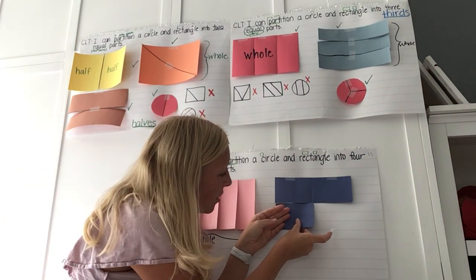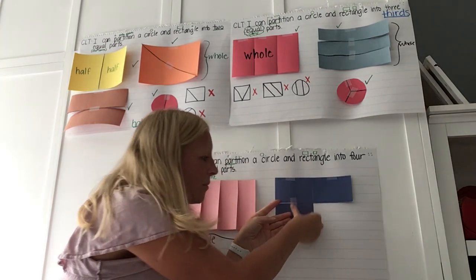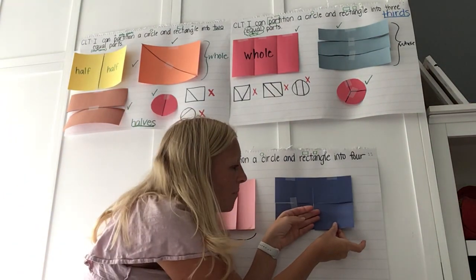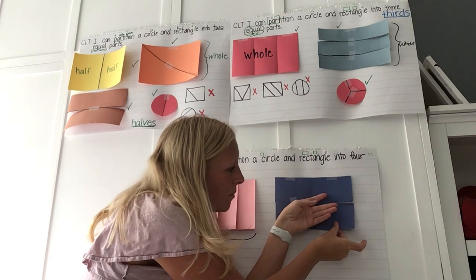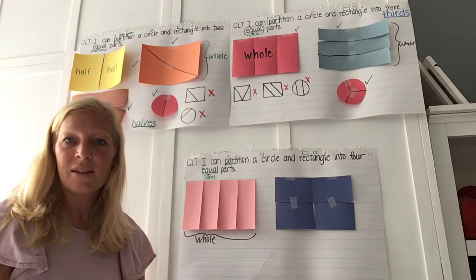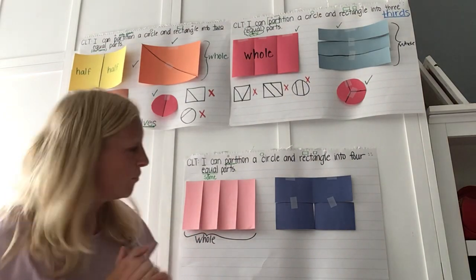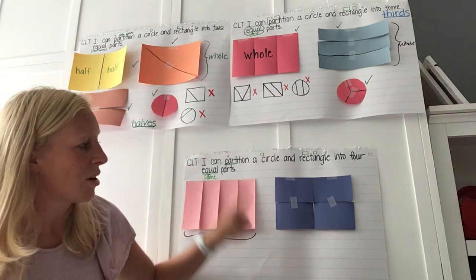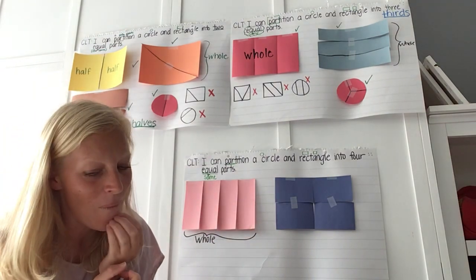Is it gonna make a hole? Leaving a little bit of space there as I'm taping it up here, but that should be okay. Okay, there's that piece, and we have that hole. 1, 2, 3, 4 equal parts, and those are making one whole.